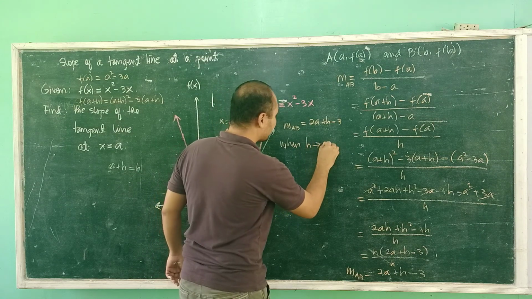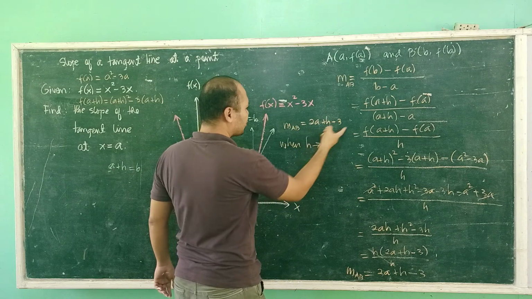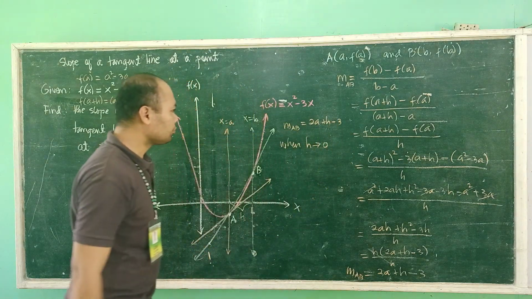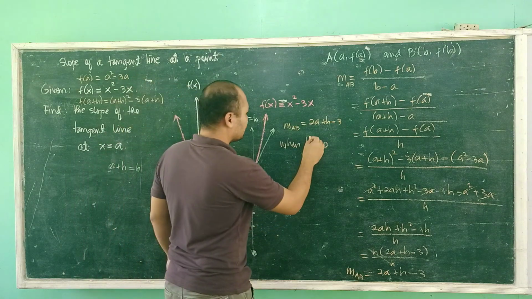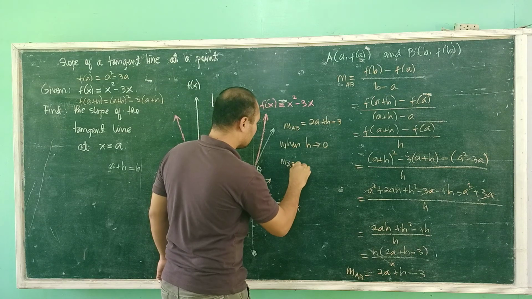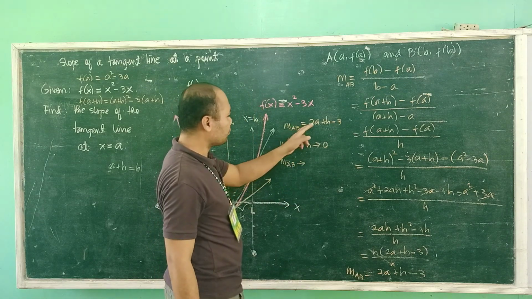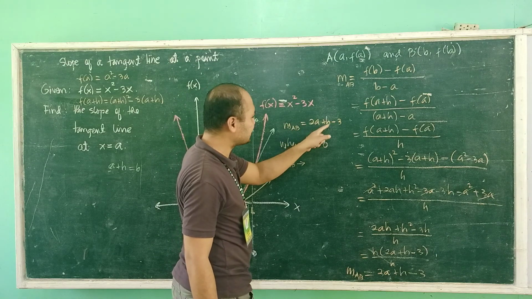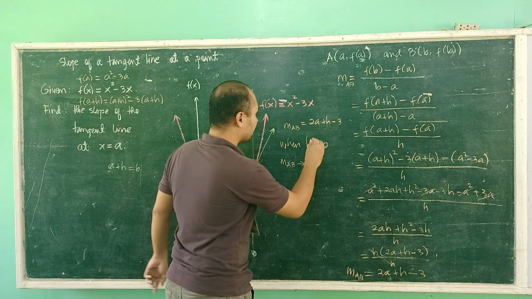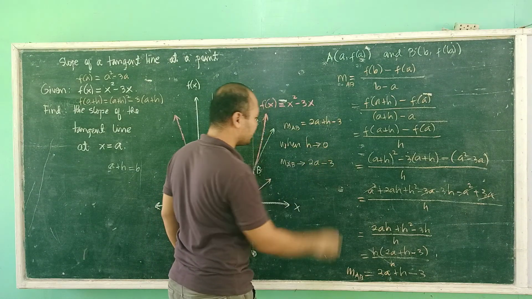So what I mean by that, when h is very small, positively, when h approaches 0, what will happen to this expression? What will happen to the slope of AB when h is 0 or very near to 0? That will approach 2A minus 3.